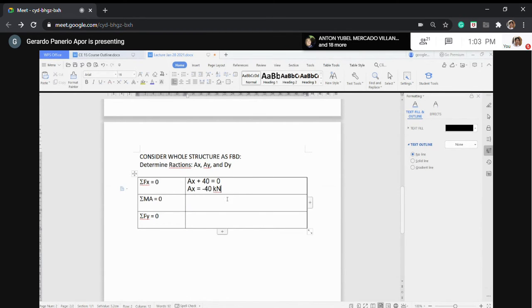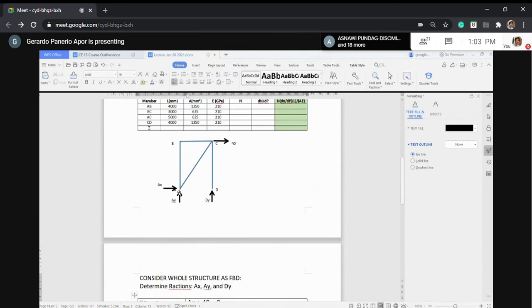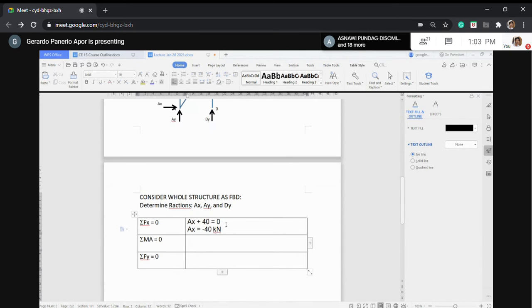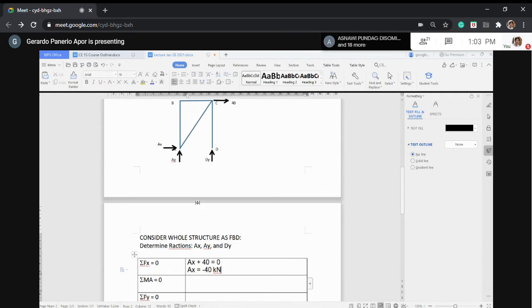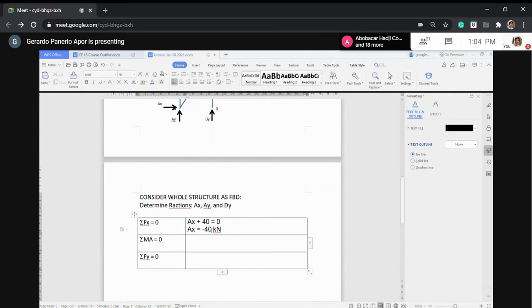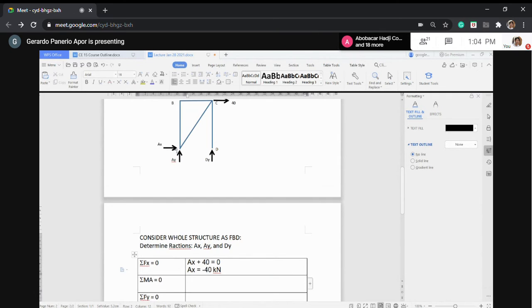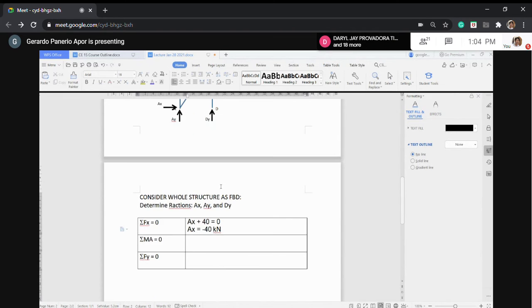Do not worry about the negative. That means the 40 kilonewton is okay, but the negative means the sign of the assumed direction. So if the assumed direction is going to the right, and you have negative 40, that means in actual, the reaction is directed to the left. So that is what we mean by AX equals negative 40.